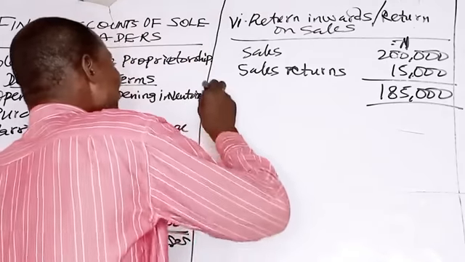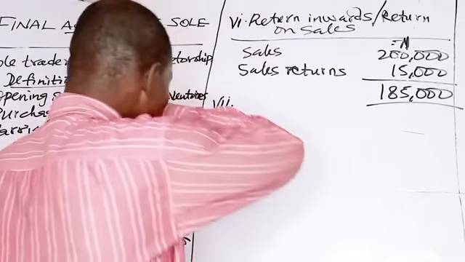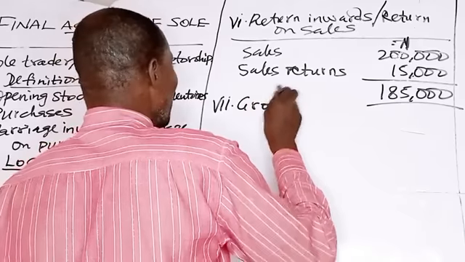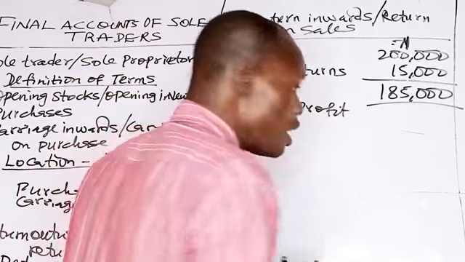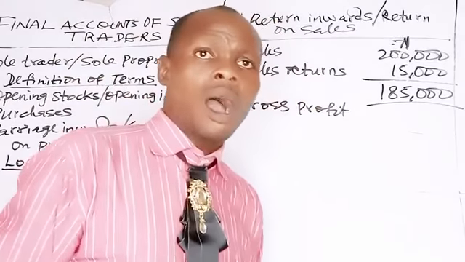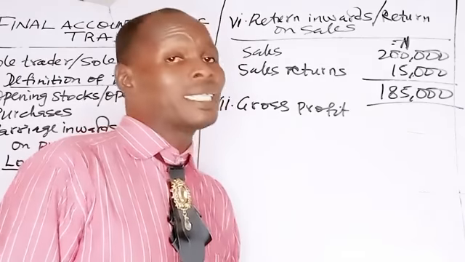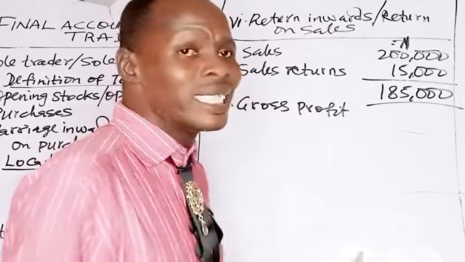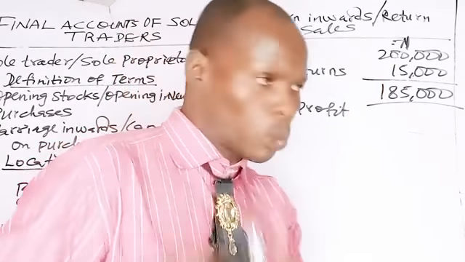Now, number 7. I want to examine the gross profit. This is the profit before the deduction of the operating expenses. Therefore, gross profit is the excess of sales over cost of goods sold.